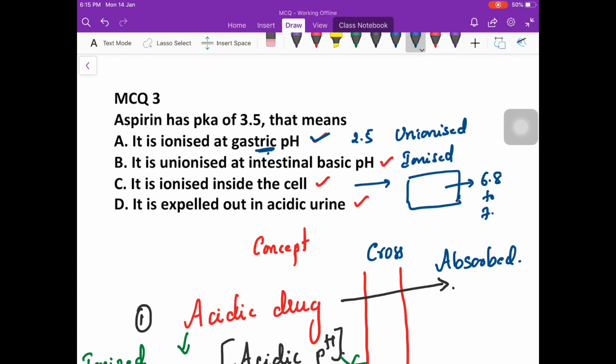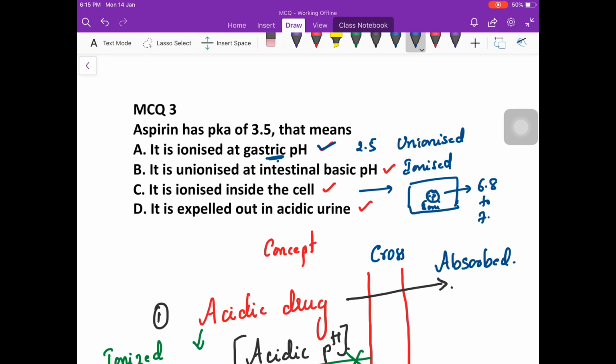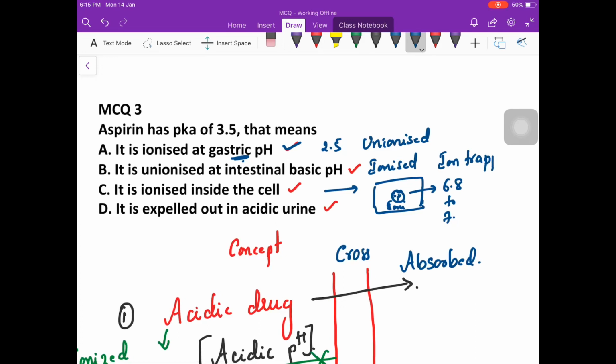So when it moves from the acidic pH to the basic pH inside the cell, it will become ionized. What happens if it is ionized? Then it cannot go out, because an ionized drug cannot cross. This is called ion trapping. So this is the right option for this question.